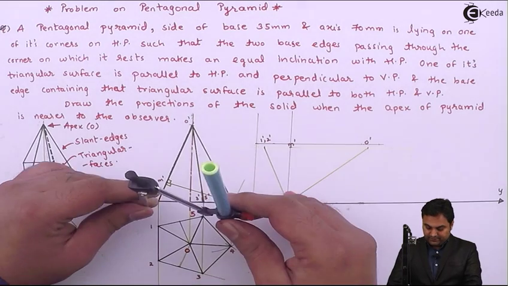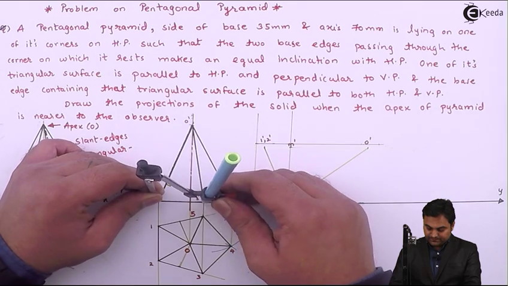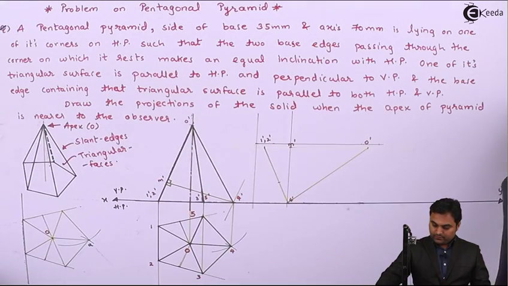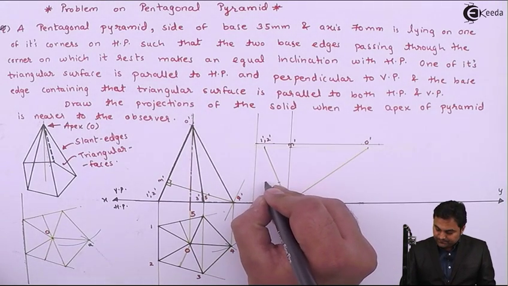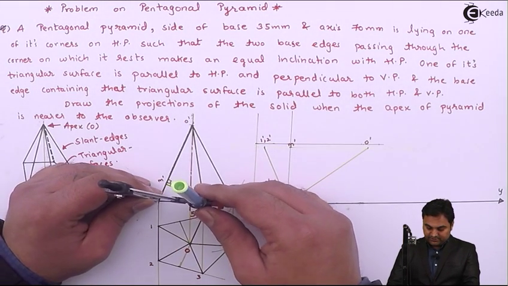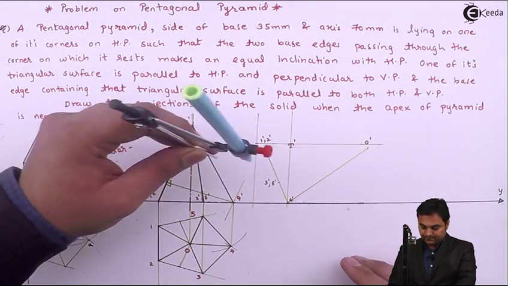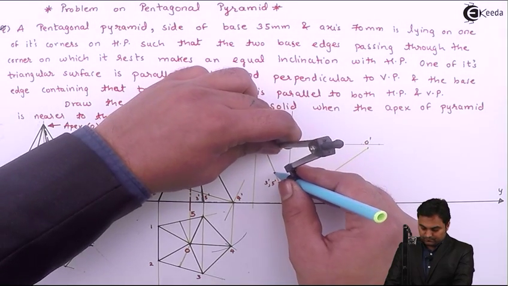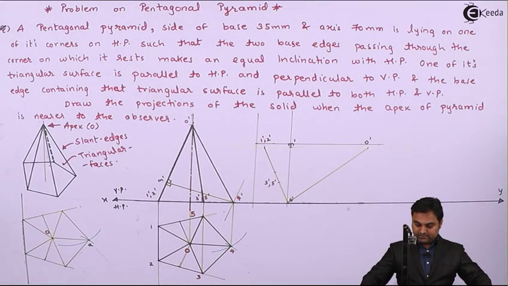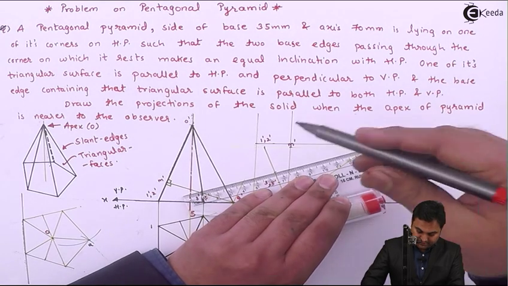I'll mark the distance from 1 dash, 2 dash up to point 3 dash, 5 dash. So here it is giving me 3 dash, 5 dash, then measuring the distance up to the axis from 1 dash, then drawing the axis first by joining it to the apex.